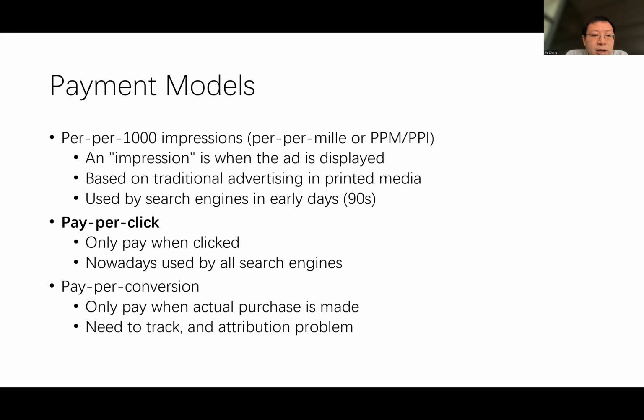The last one is pay-per-conversion. In this case, the advertisers only need to pay the search engine when a user clicks on the link, lands on the advertiser's homepage, and buys some product in the end. This requires some tracking method to track the transaction so that the search engines can correctly charge the advertisers.